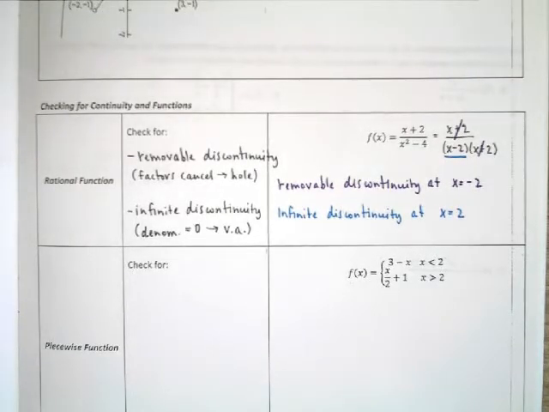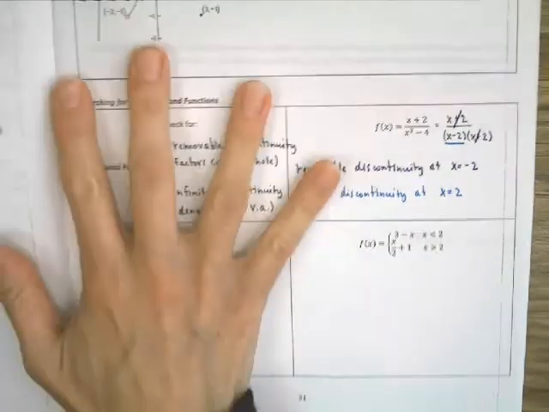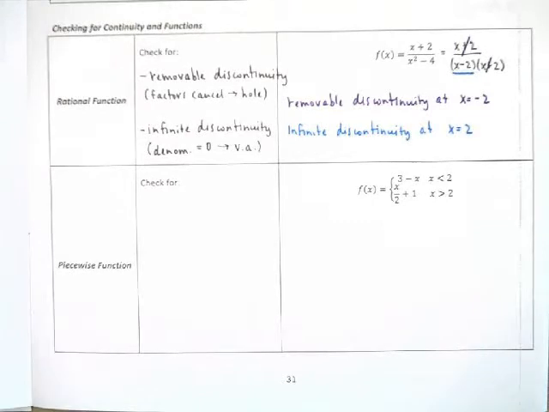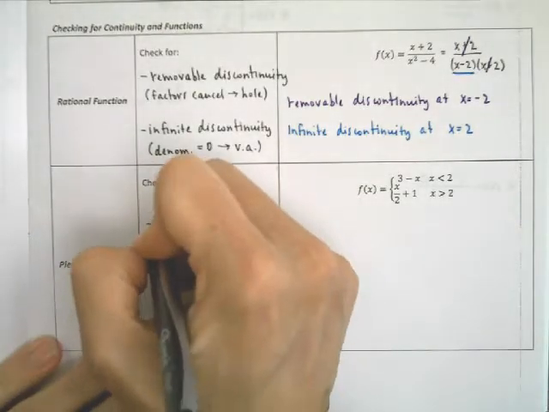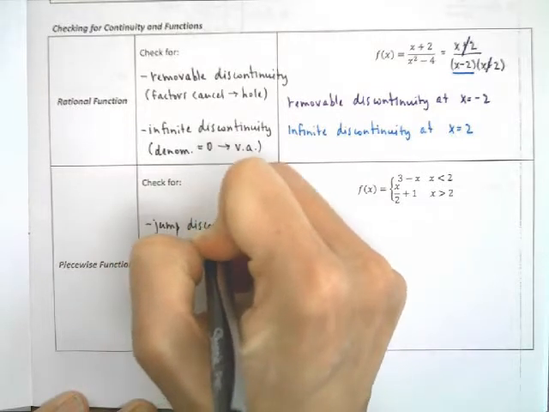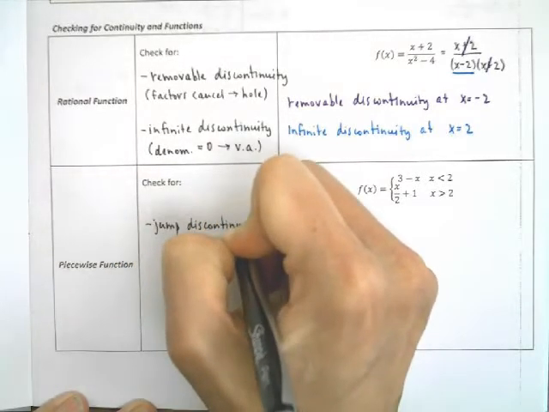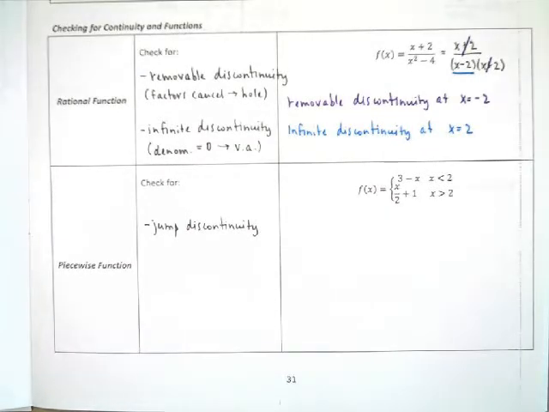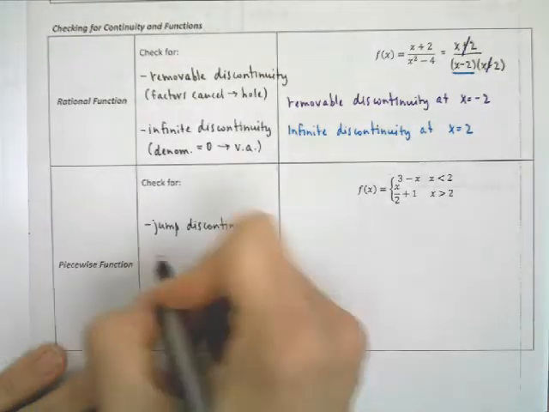Now, the next type of function we want to consider is our piecewise functions. And here, what we're really looking for are jump discontinuities. Okay, and so this could happen one of two, actually really one way.